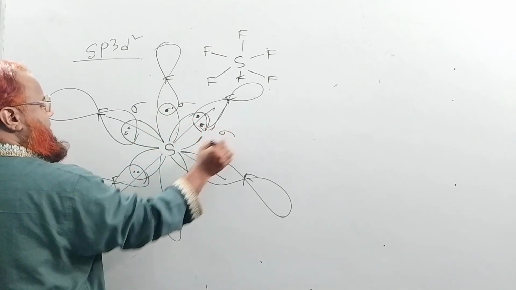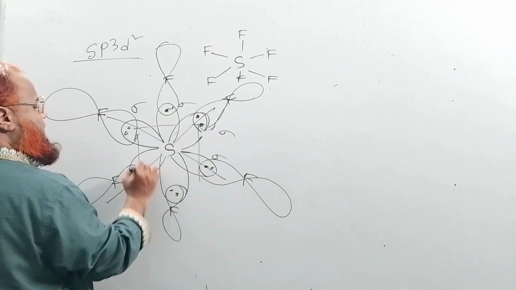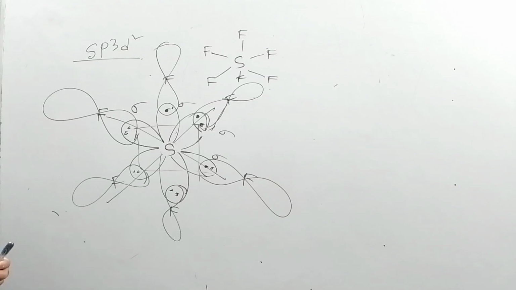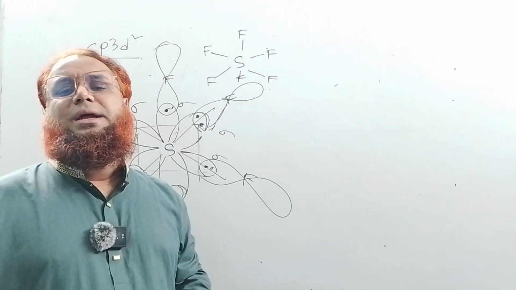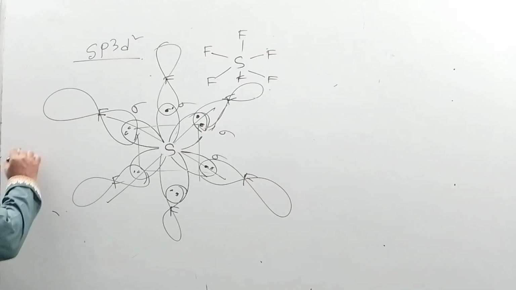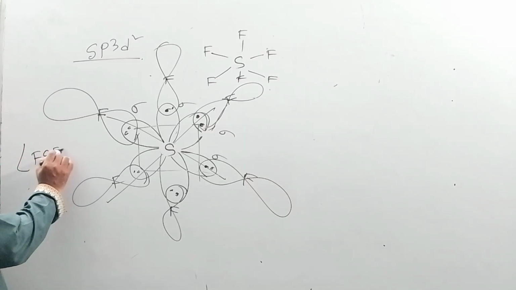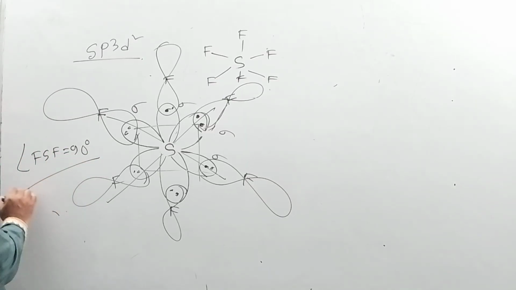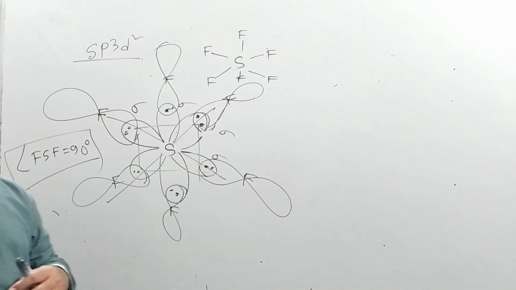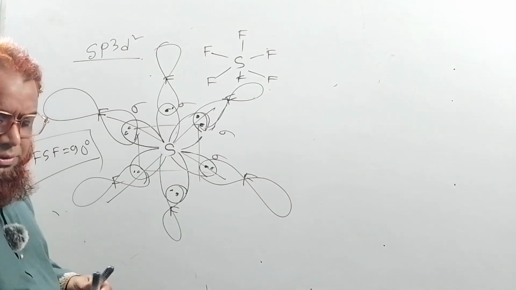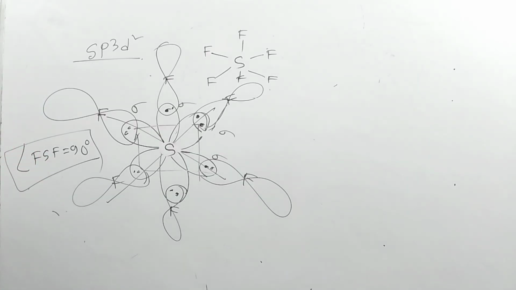So here sigma, sigma, sigma, and this is the square bipyramidal structure of SF6 having bond angle 90 degree. So, we can write here fluorine, sulfur, fluorine is 90 degree. I think, my dear students, you have understood this diagram of sp3d2 hybridization. Now, the another structure of sp3d3.